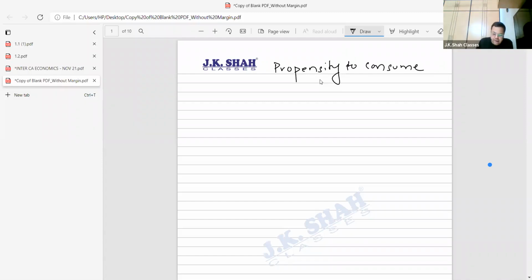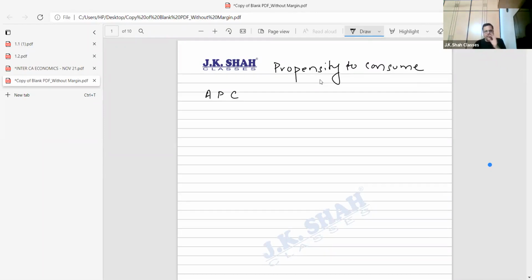First is average propensity to consume. What is average propensity to consume, students? Out of the income that you earn, how much you spend will show your average propensity to consume. Most people earn income for the purpose of consumption.